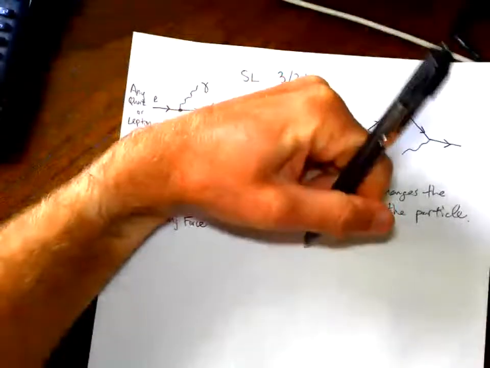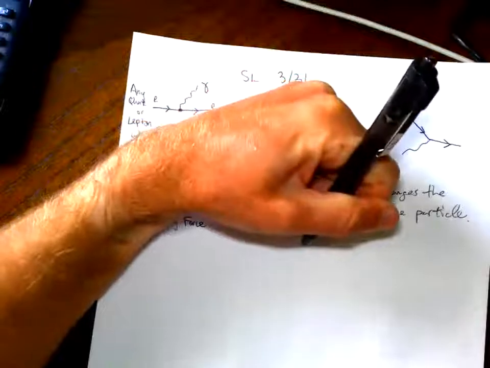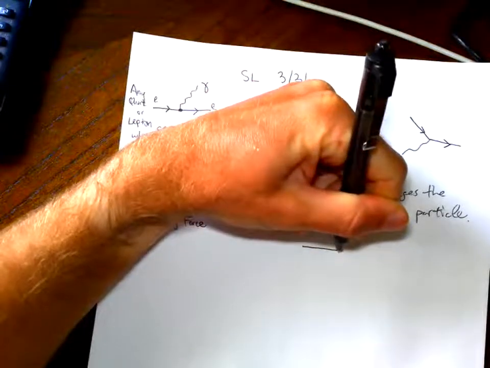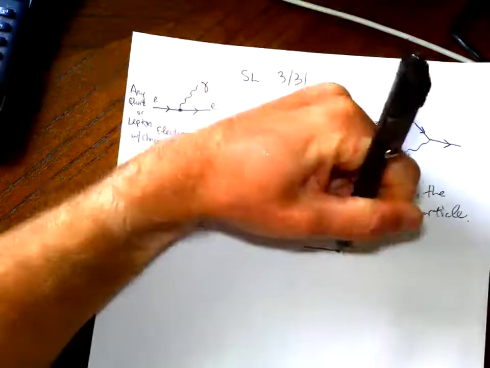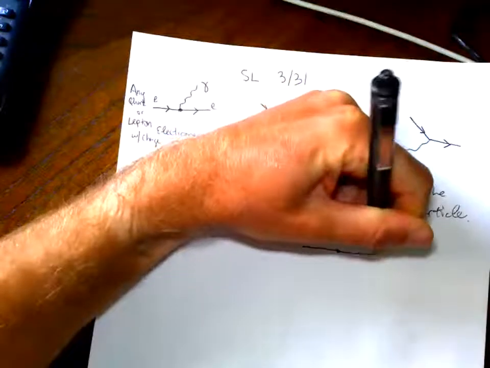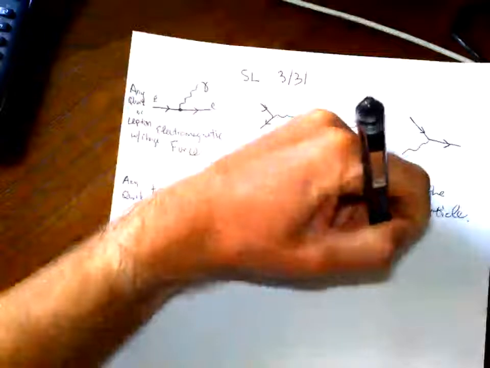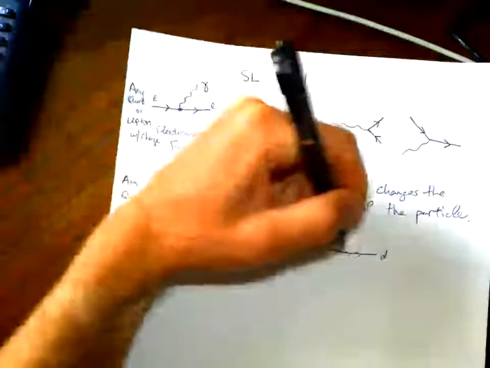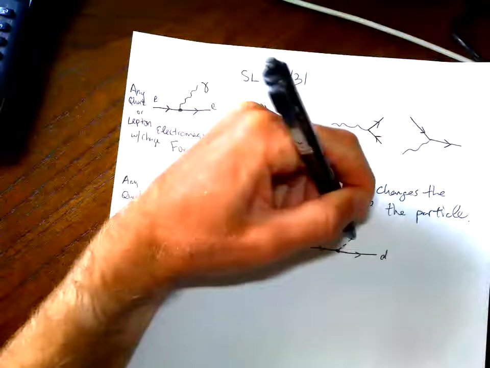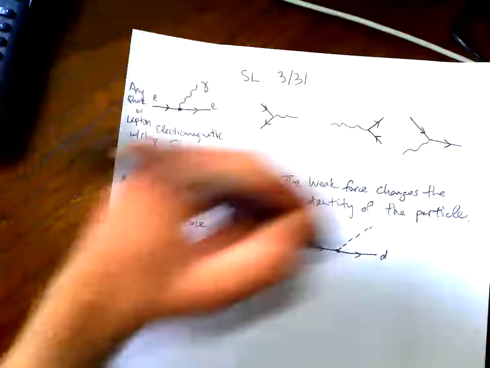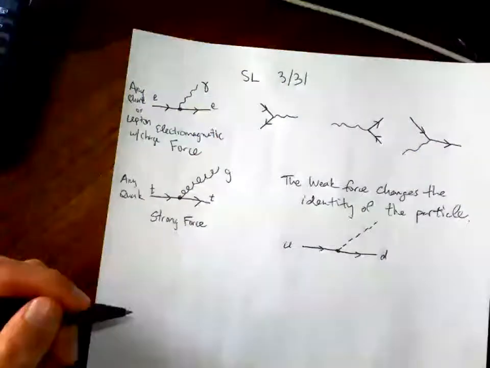So for example, the weak force could change an up quark into a down quark. So you're changing the type of the particle. The weak force carrier is the line.